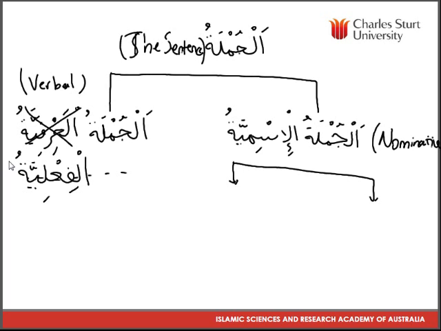Look, what we said about Jumla Ismiya is that it is the sentence that starts with a noun, but that noun must be in a definite form. It must actually be ma'rifah.